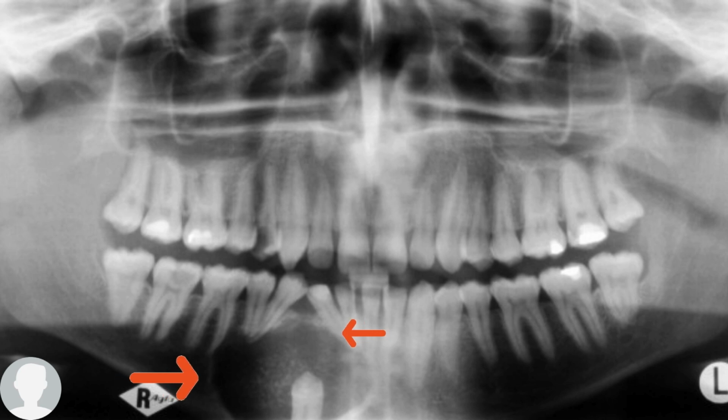Why did it not erupt? Because we have a large unilocular radiolucency causing dilaceration of the roots of the lateral incisor and the first premolar, closing the space and not allowing the tooth to erupt.